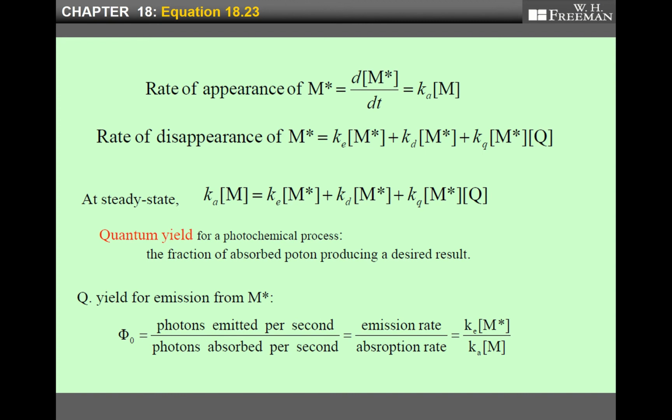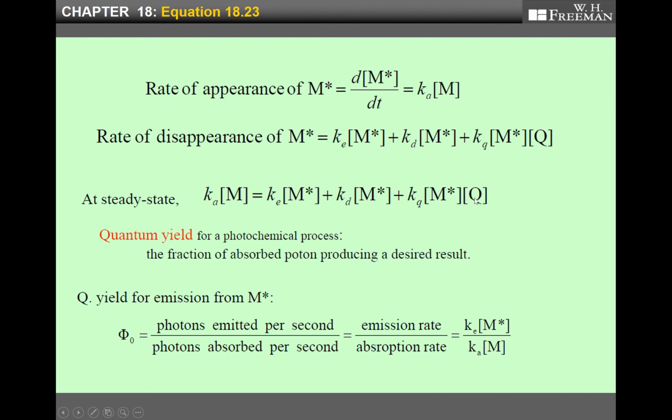This is kind of equilibrium. That means the rate of appearance equals the rate of disappearance. That's the steady state. In this case we can equate the rate of appearance with the rate of disappearance.